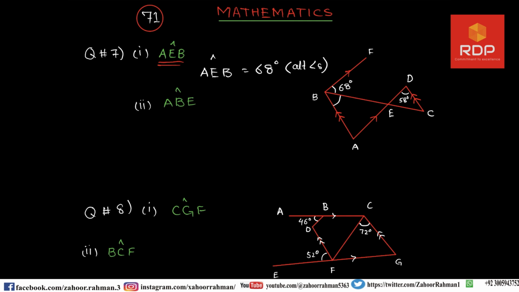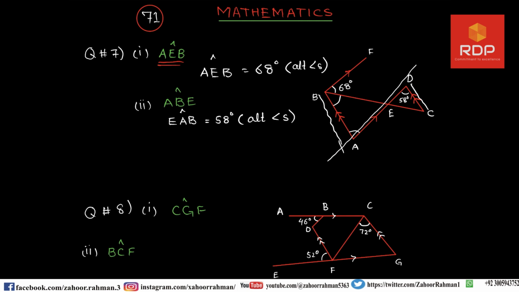First of all, we have to find EAB, which is this angle, and we are writing EAB is equal to 58 degrees, and that is also due to the alternate angles, because in this case this and these are also parallel lines, and you can consider this one as the transversal line.